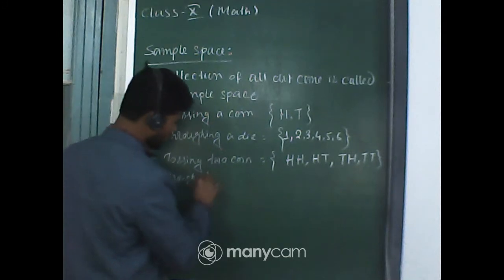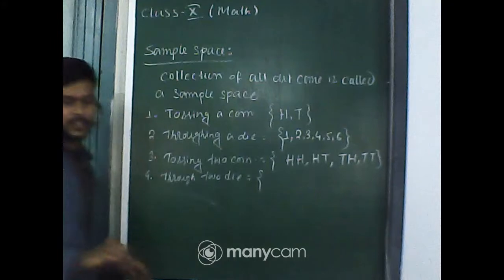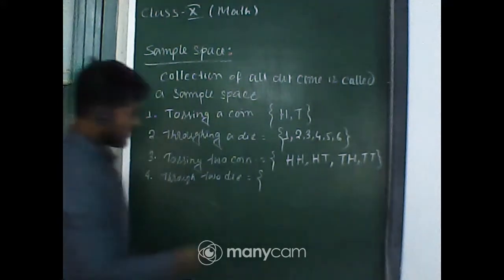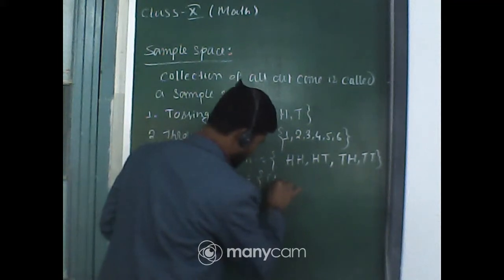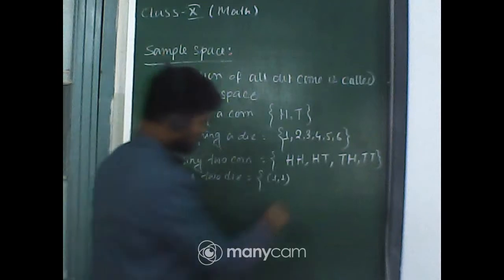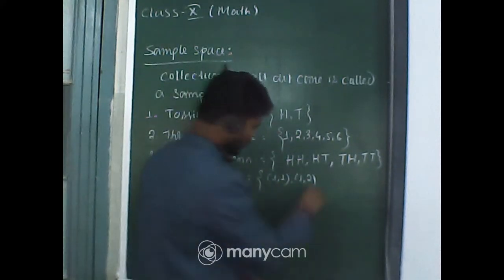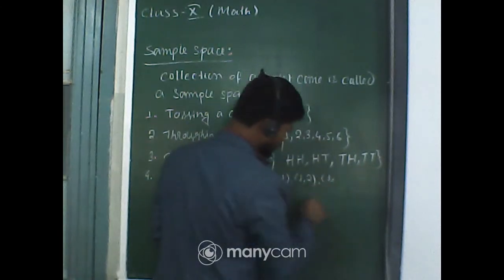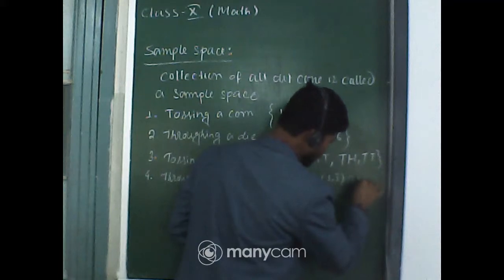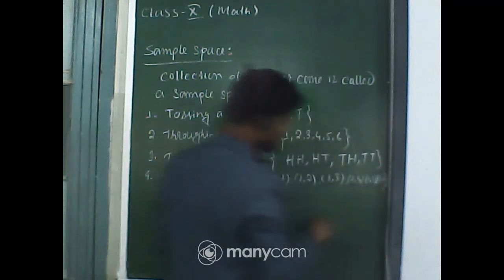In that case, the sample space contains 36 points, like 1 in the first die and 1 in the second die, 1 in the first die and 2 in the second die, 1 in the first die and 3 in the second die, 1 comma 4, 1 comma 5 and 1 comma 6.